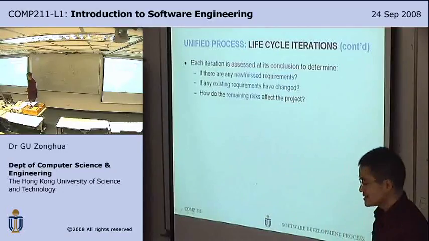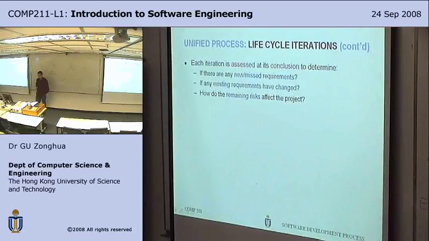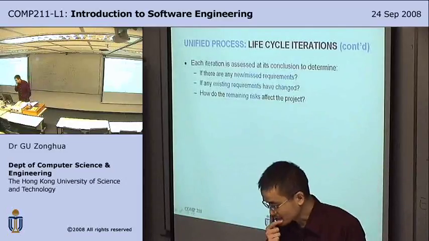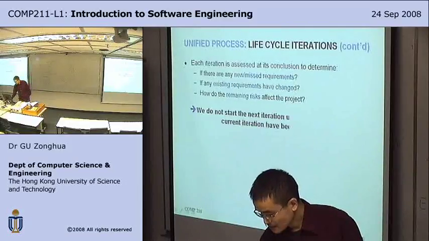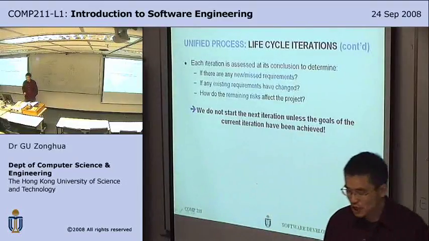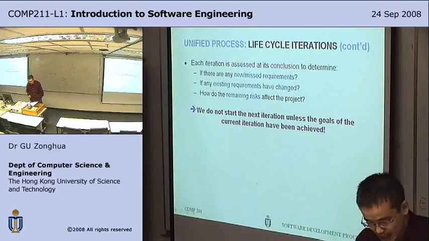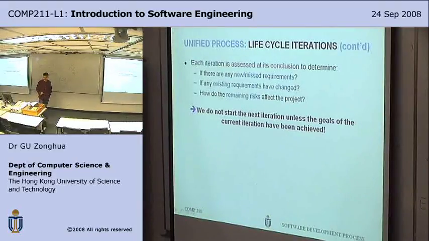So you can see risk analysis, which is really inherited from the spiral process. We do not start the next iteration unless the goals of the current iteration have been achieved.